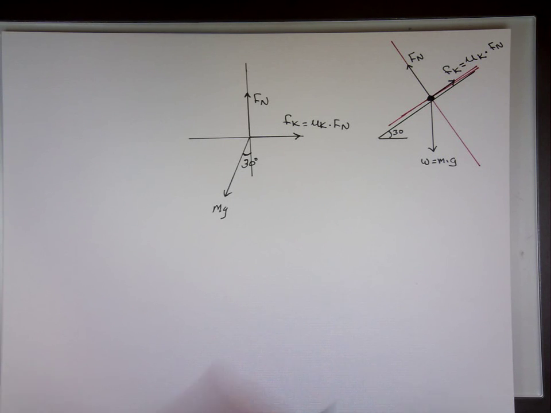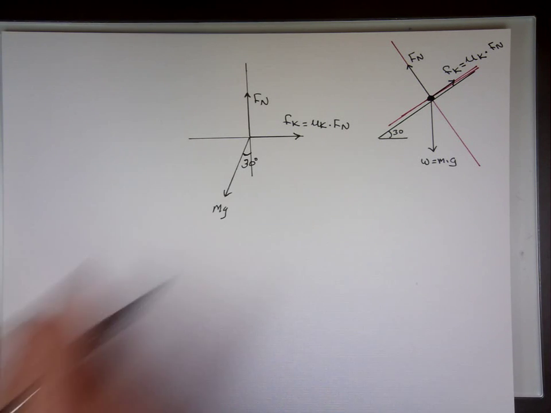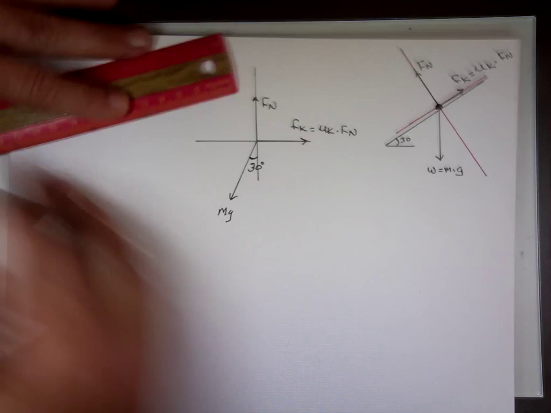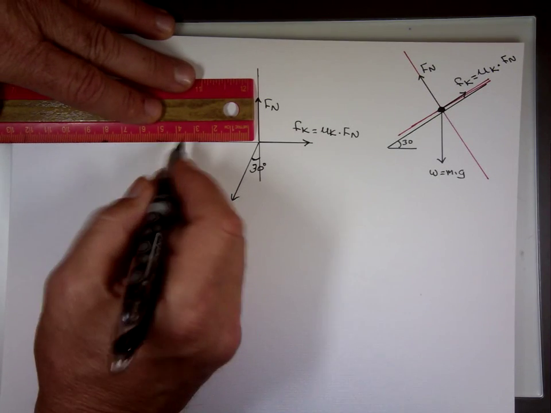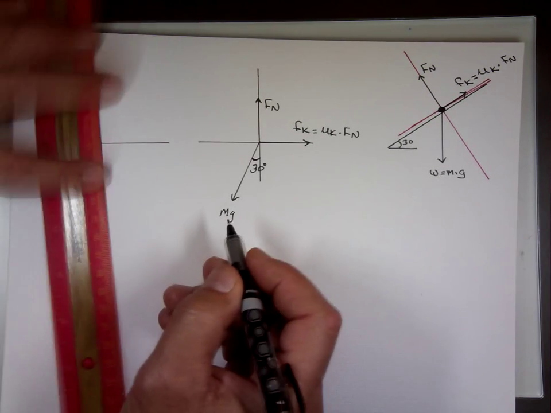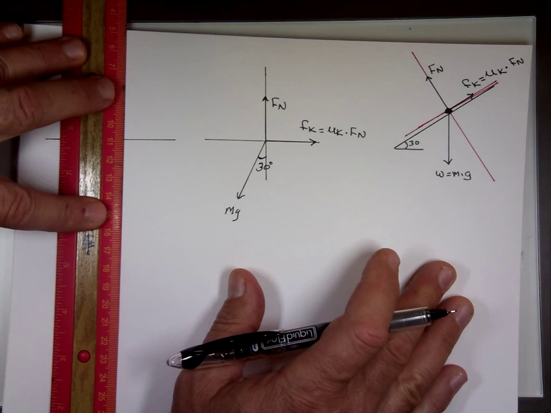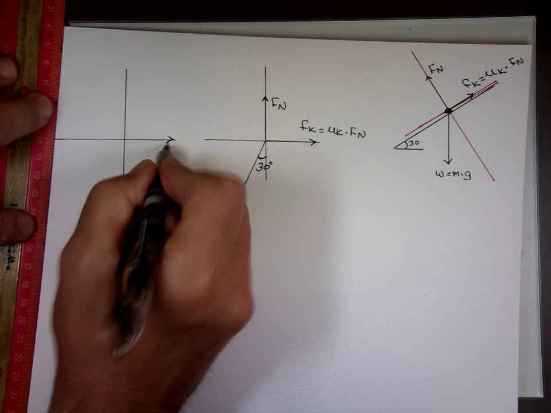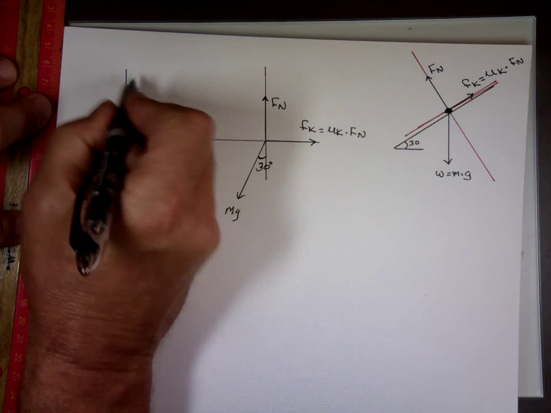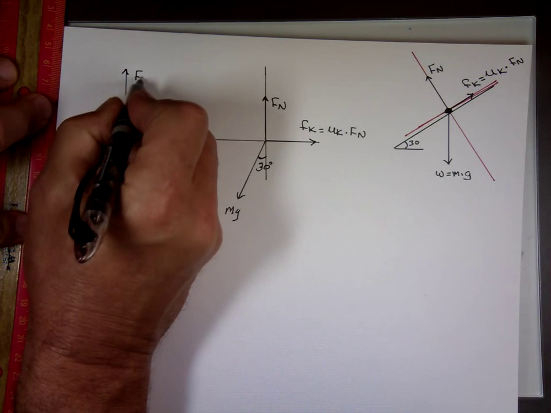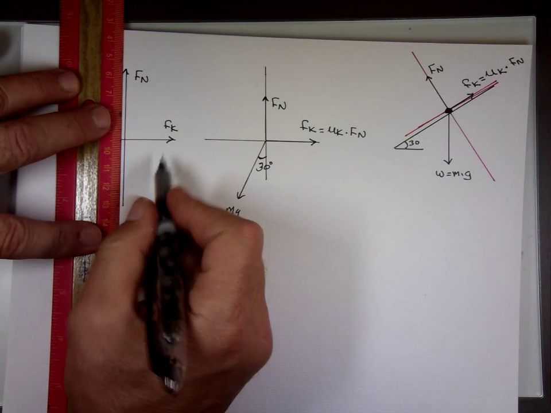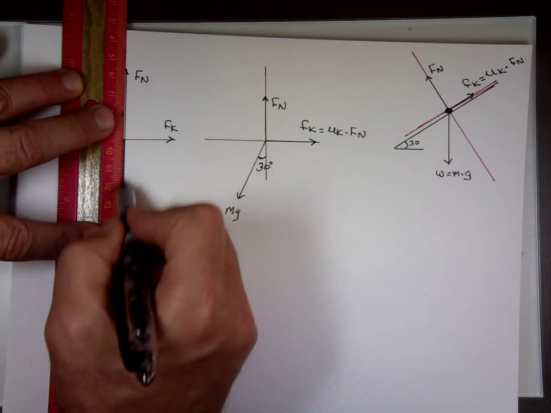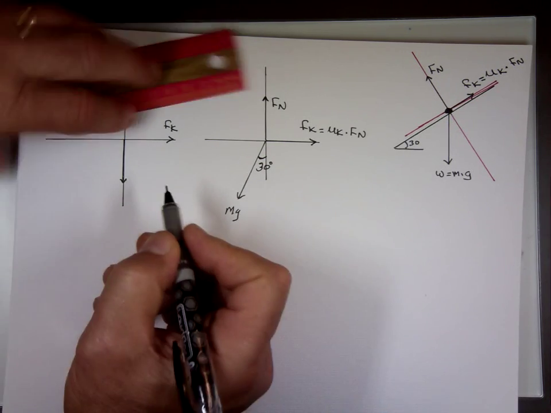So I'm going to take this force now and break it down to x and y components. That's what I've done in the past. Any force that's not on the x or y axis, I'll find its components. I'm going to have a component in this direction, and a component in that direction.